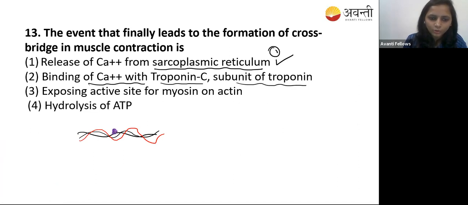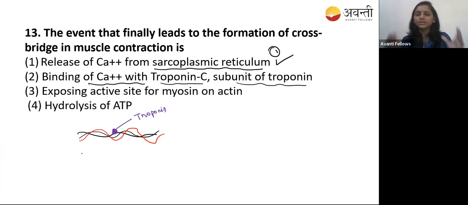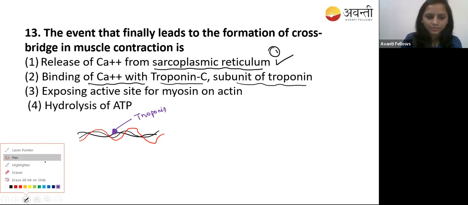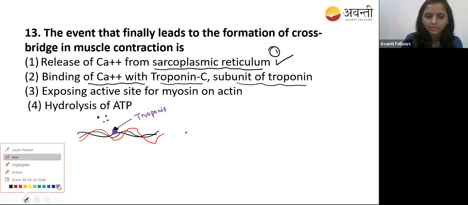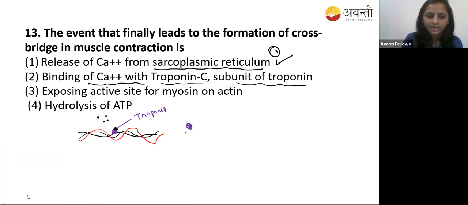Whenever the calcium concentration increases, calcium binds to the troponin, and then troponin along with the calcium is removed.